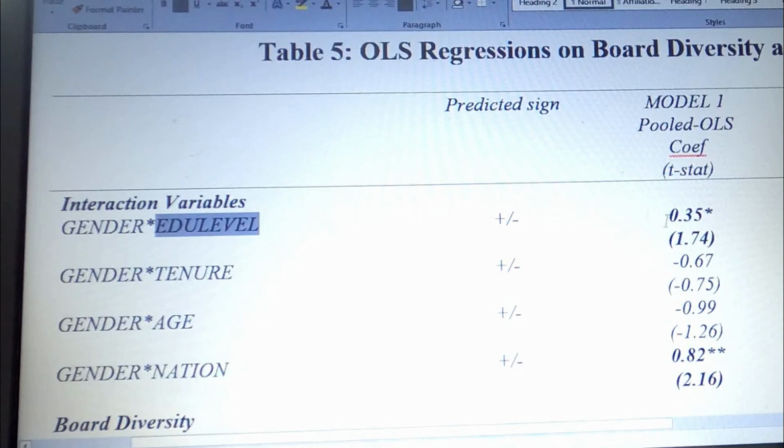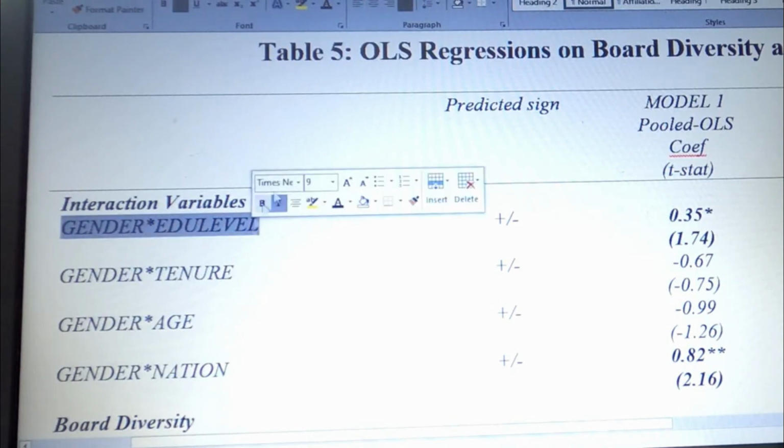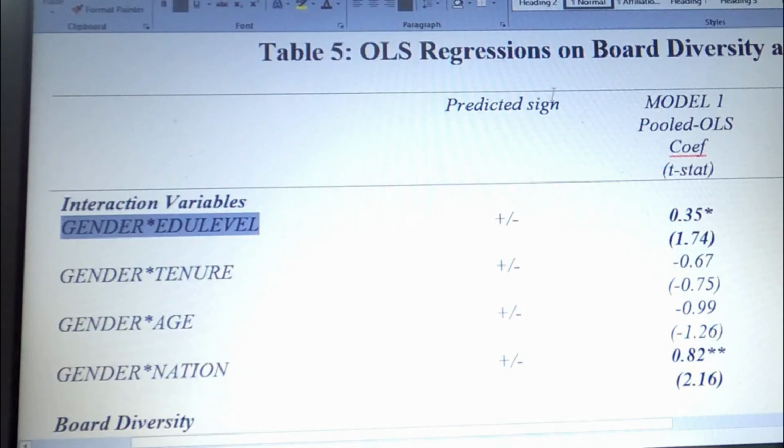That's what I mean by a complementary relationship. It means when they are together, they can increase the CSR.